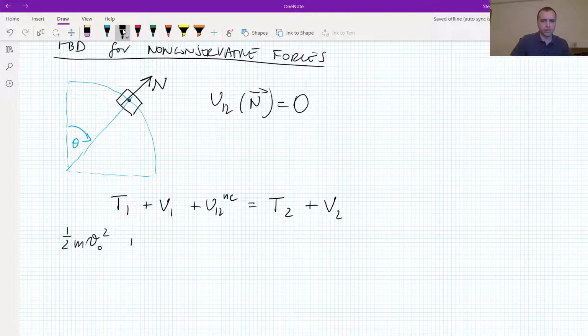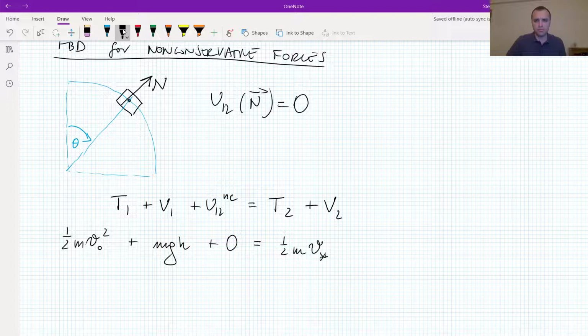The initial potential energy was mgh. Work of non-conservative forces was 0. Our final kinetic energy was 1/2 m v star squared, and final potential energy was mgh cosine theta star.